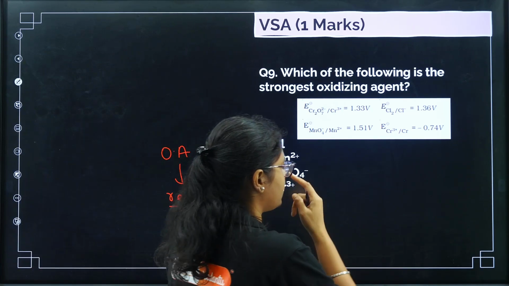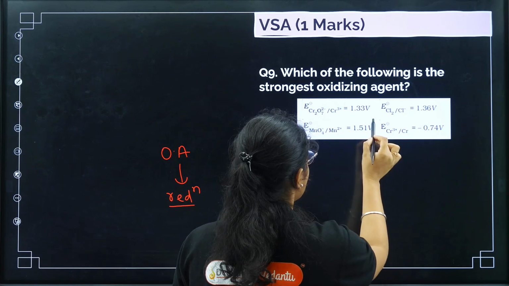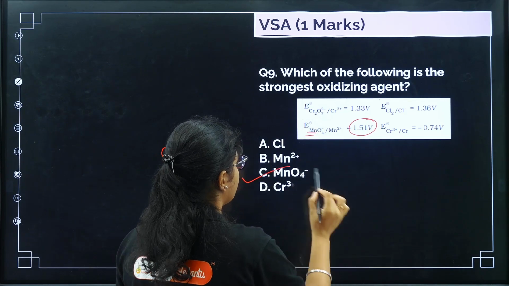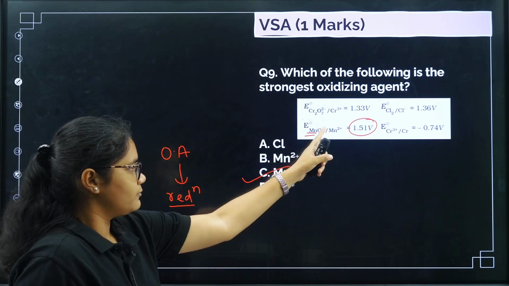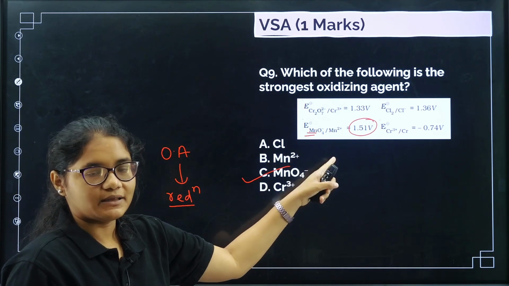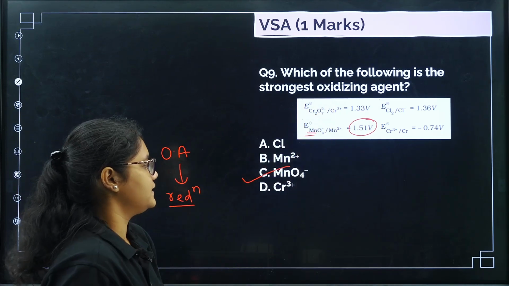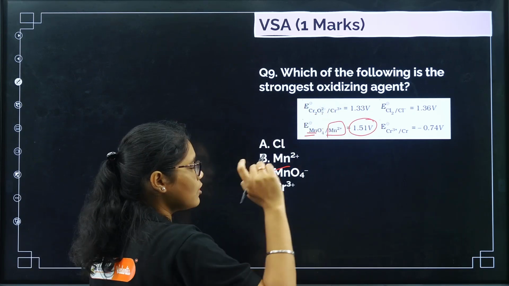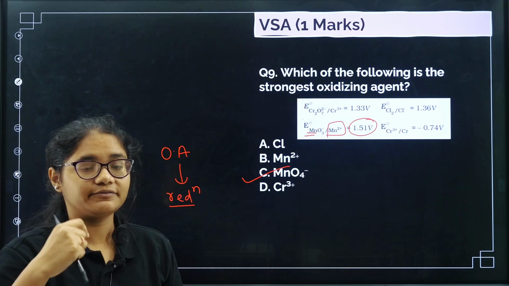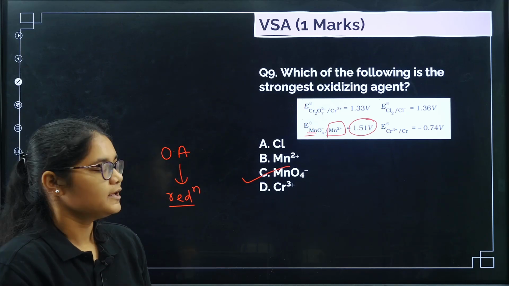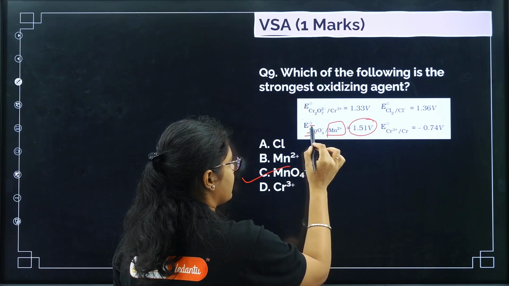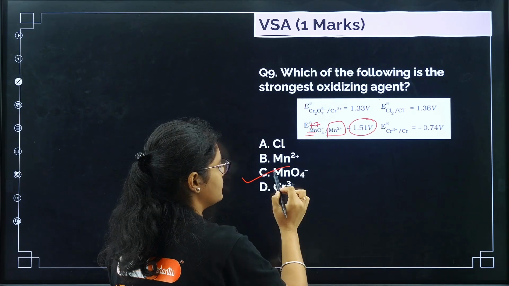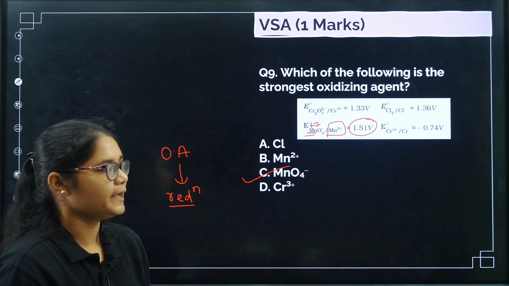The reduction potential is highest for this one, so MnO4 minus will undergo reduction and behave as a very strong oxidizing agent. Do not mark Mn2+. Strong oxidizing agent means itself it will undergo reduction. MnO4 minus is undergoing reduction, +7 to +2. So option number C.